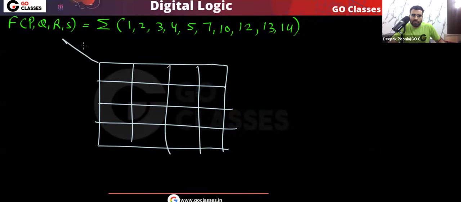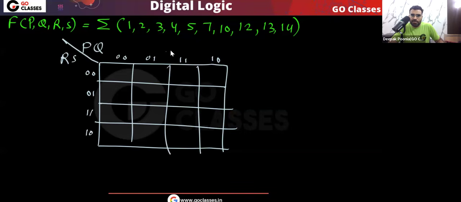Let me put the variables PQ on the column and the variables RS on the row: 00 01 11 10, and 00 01 11 10. So this is the 4 variable k-map.